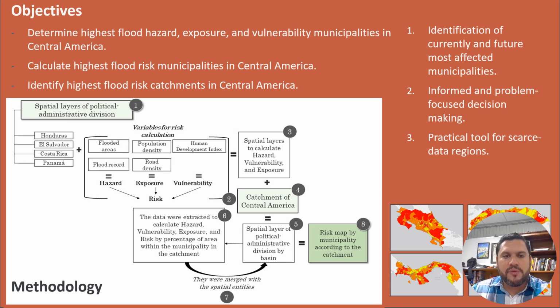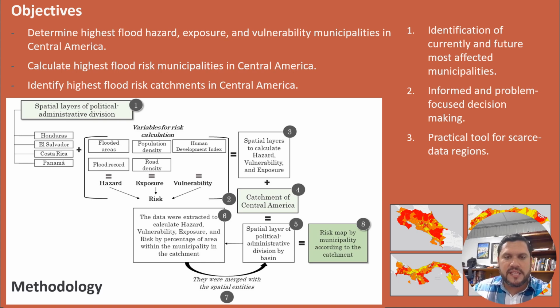For the vulnerability, we use the Human Development Index, which is common in all these 4 countries. Then we merge this information, we exponentiate this information to 0.3 to make analysis and normalization from 0 to 1, and then we extract all this information by municipality and we extrapolate it to catchment.